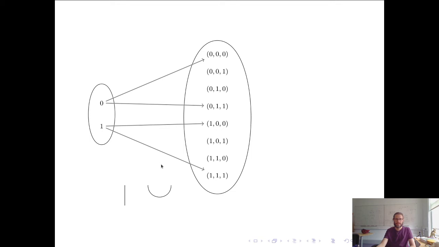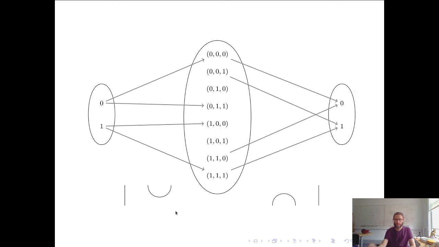Okay, so if I take this little piece of picture and plug it in with that little piece of picture, now what happens is, in the case that the first two bits are equal, I'm going to send the third bit through. Otherwise I'm not going to send it anywhere.